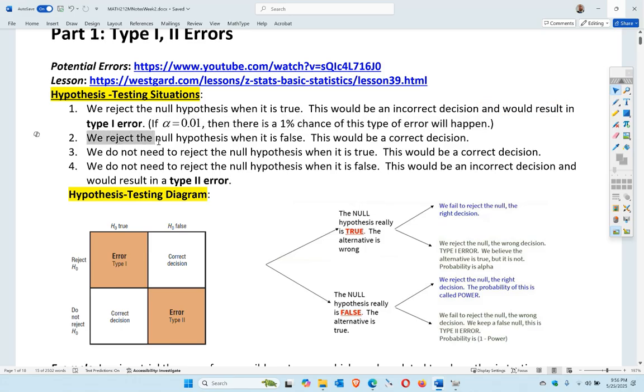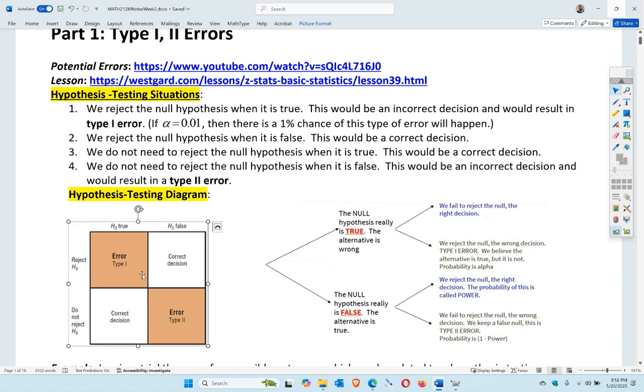If you reject the null hypothesis and it is false, that's the correct decision. If you do not reject the null hypothesis and it's true, that's the correct decision. But when you do not reject the null hypothesis and it is false, that's an incorrect decision, right?